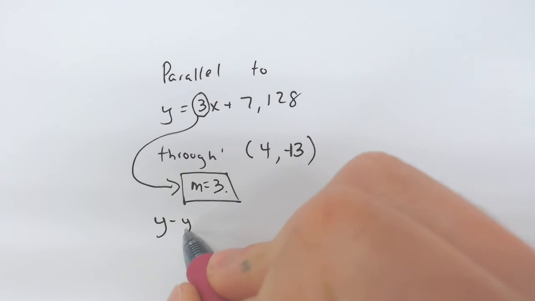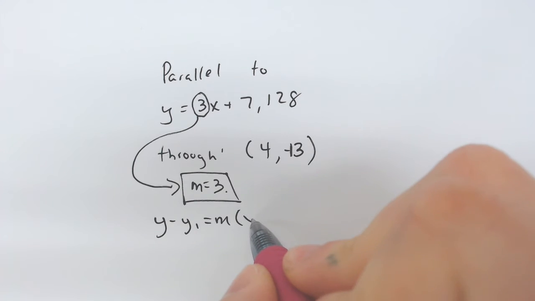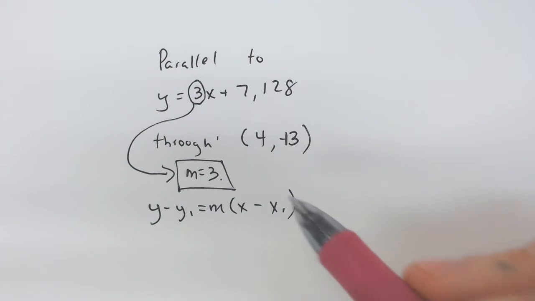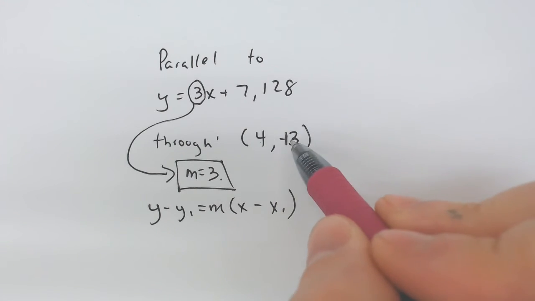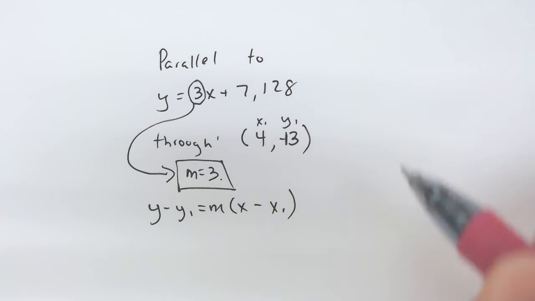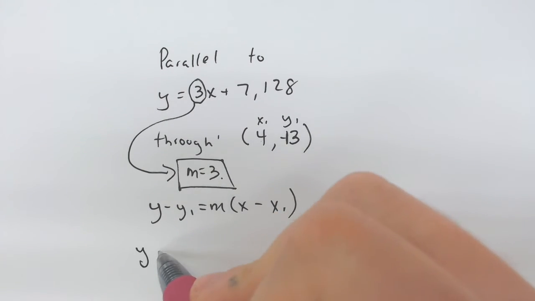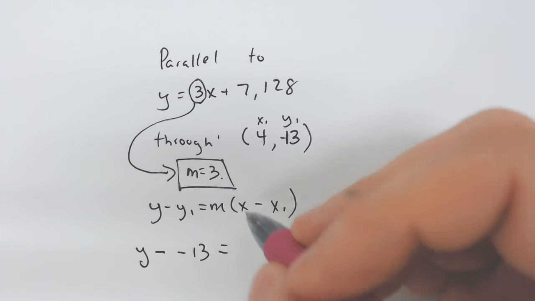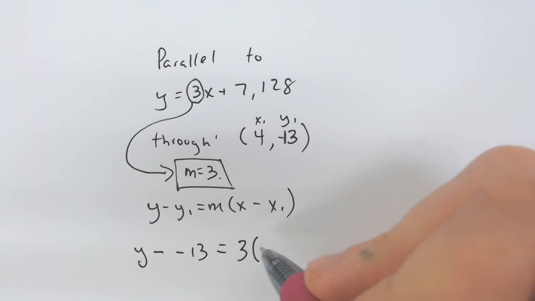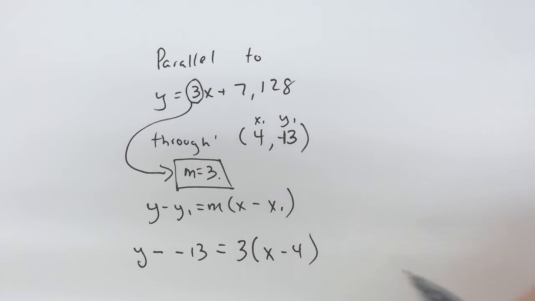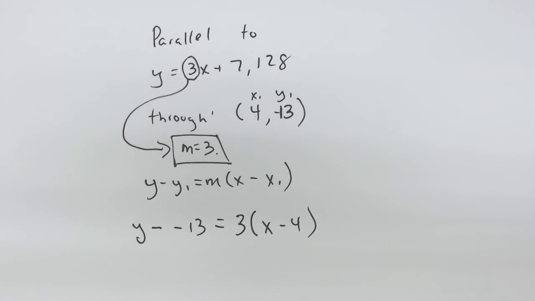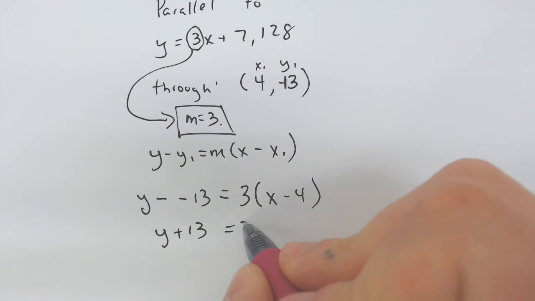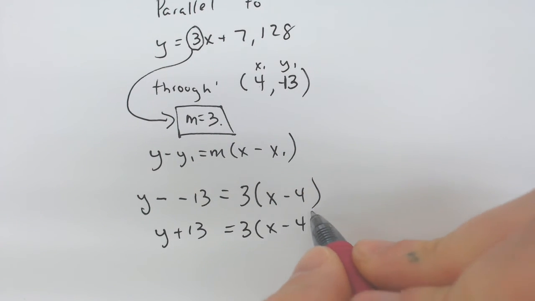Therefore, we will have to use our point slope formula. So we're going to plug in our m and our point for x1 and y1. So that would be y minus a -13, that's going to turn to plus 13, equals 3 times x minus 4.